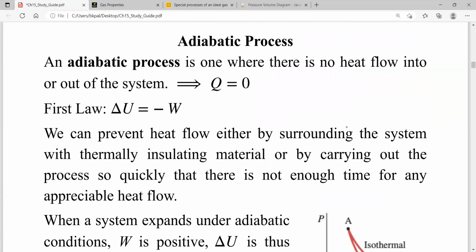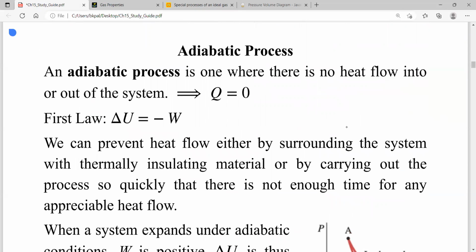Okay, now the next thing is the adiabatic process. For adiabatic process, Q equal to 0. That means no heat flow into or out of the system. Okay, so adiabatic means Q equal to 0, and don't confuse heat and temperature. In isothermal process, temperature is constant. Temperature constant means delta U equal to 0.